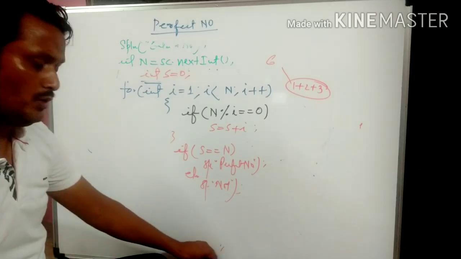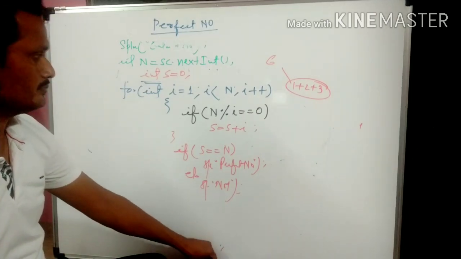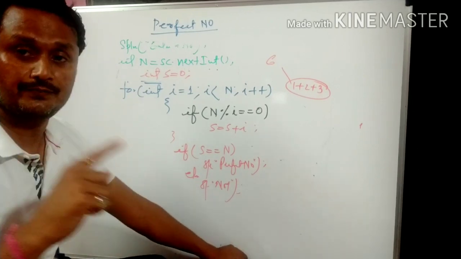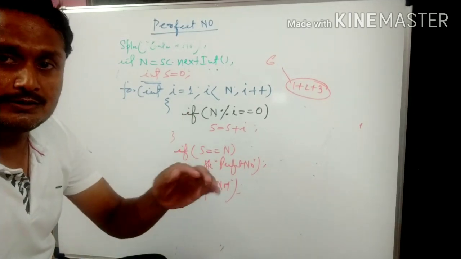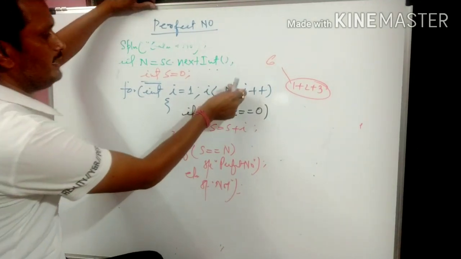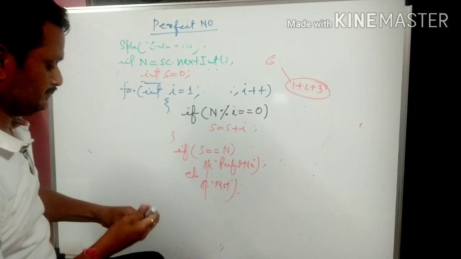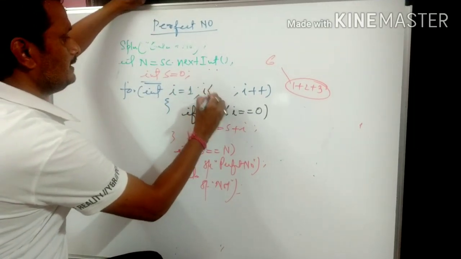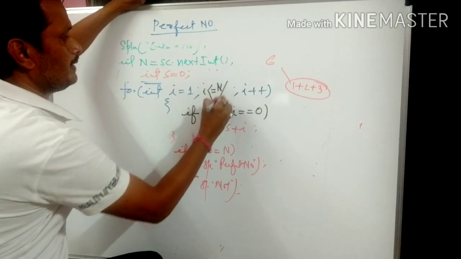This is one logic. One more logic is there. In that logic, what you have to do? This is especially for a perfect number, the sum of factors excluding the number. In that case, instead of this, you children can write here i less than or equal to n by 2.